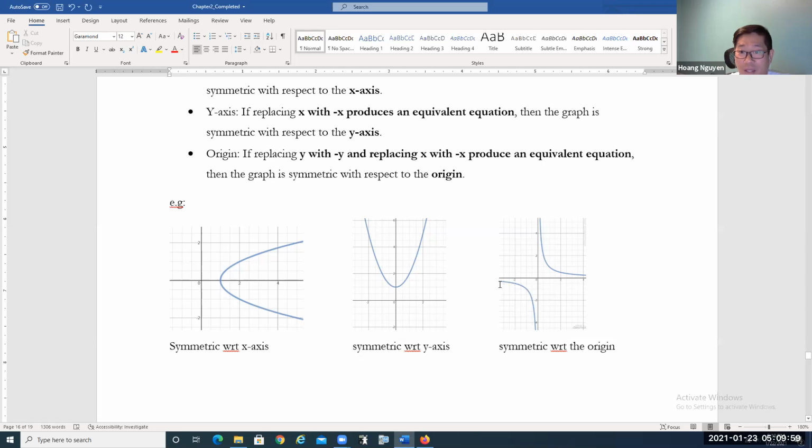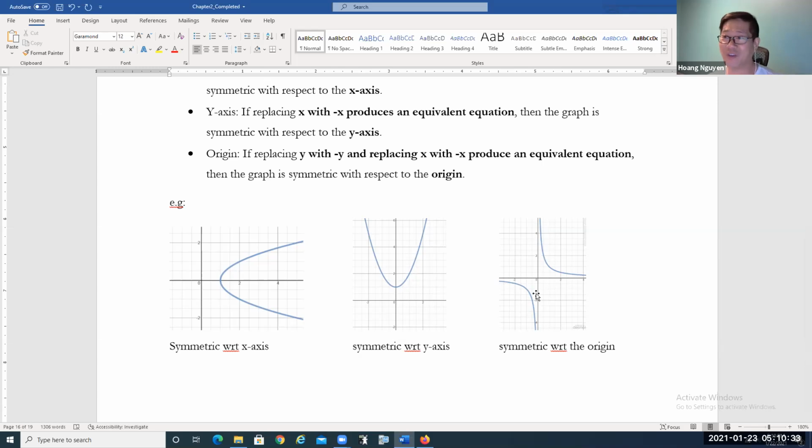The bottom half is a mirror of the top half with respect to the origin. Whenever you pick any random point on the left-hand side of the graph, you will see a mirror along the origin on the other side of the graph. Okay. So those are the three examples of symmetry with respect to the x-axis, y-axis, and the origin.